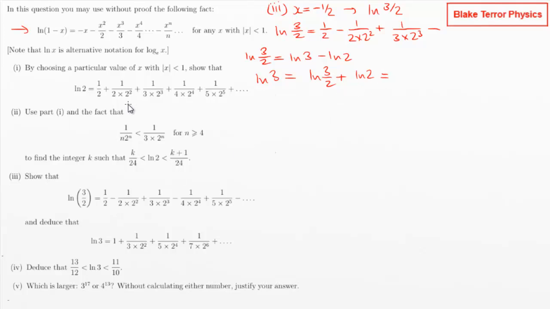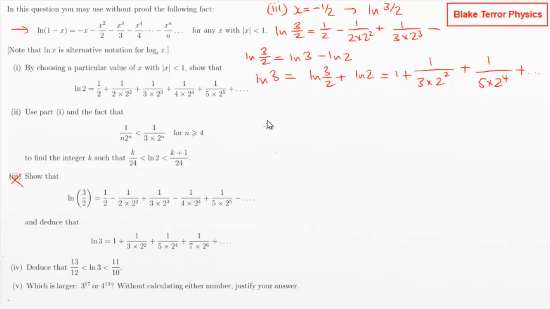So all of the even powers are going to cancel. And so we're going to get 1, then we're going to get plus, well, we're going to double each one. So we're going to lose a power of 2 on the bottom. So 1 over 3 times 2 squared plus 1 over 5 times 2 to the 4 plus etc.